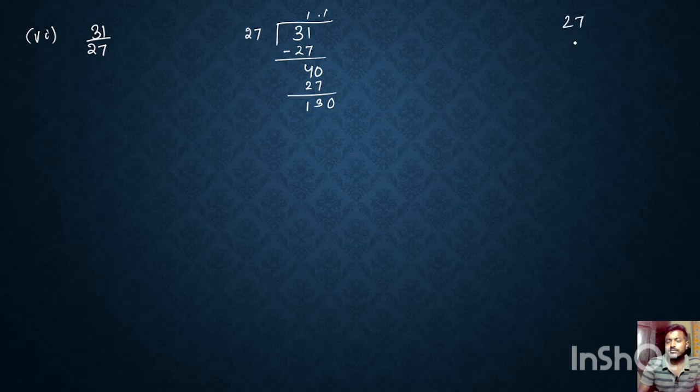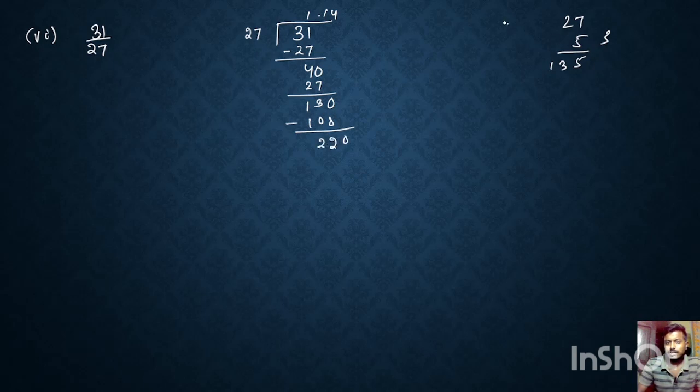So 27 5s are 135, 5 2s are 10, then 13, 1, that means 4 times. So 27 4s are 108, 8, 10, 108, so minus 22.